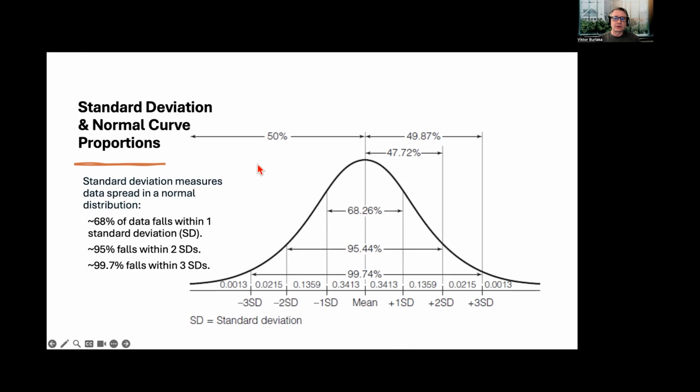This pattern, called the empirical rule, helps us predict probabilities and understand variability in data. In social work, it can be used to analyze trends, like how stress levels or income distributions compare to the average.